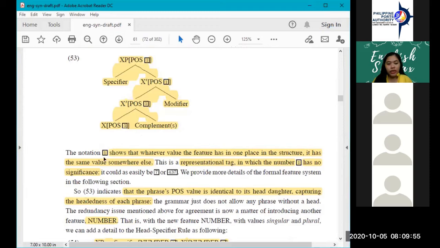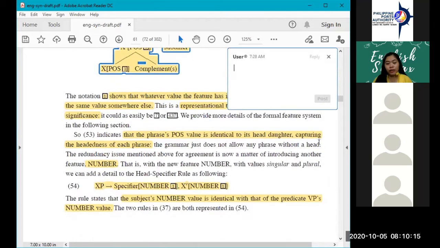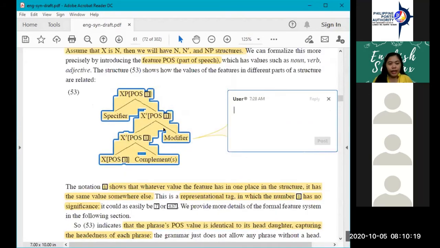So we have the notion of the number 1 here, the boxed 1, which shows that whatever the value of the feature is in one place in the structure, it has the same value somewhere else. Even if it becomes 100, as long as they have the same value, it is the same boxed 100. So do not be confused with that.